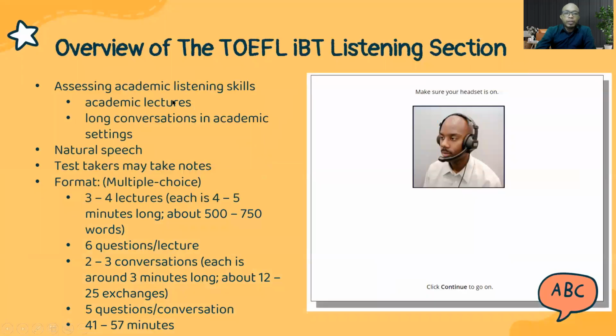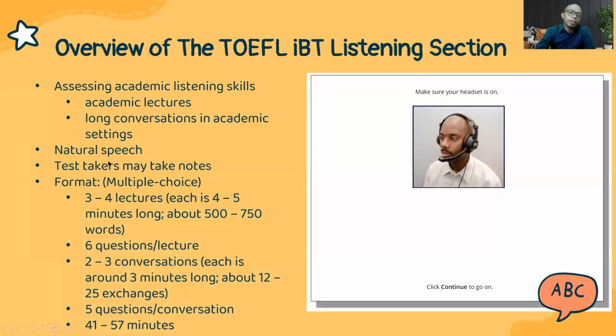This section in the TOEFL iBT is aiming to assess your academic listening skills. This includes your ability to understand academic lectures and long conversations in academic situations. Now, the listening will use natural speech, such as hesitations, false starts, and so on.